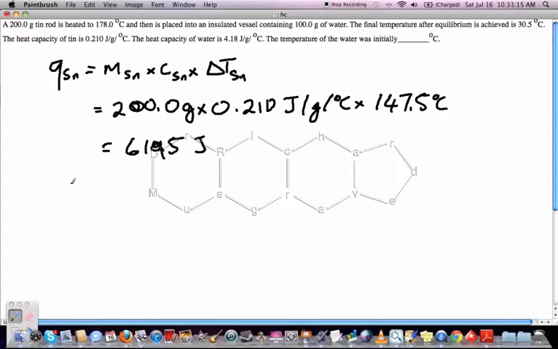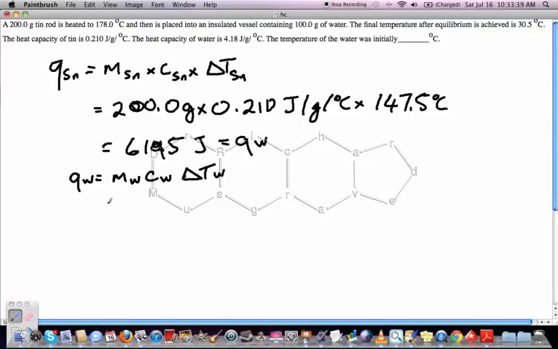Alright, so now I'm going to figure out what's going on with the water. Now we know that the Q of the water is going to be the mass of the water times the heat capacity times the change in temperature of the water. Now we know that this is also going to be the heat that's actually absorbed by the water.